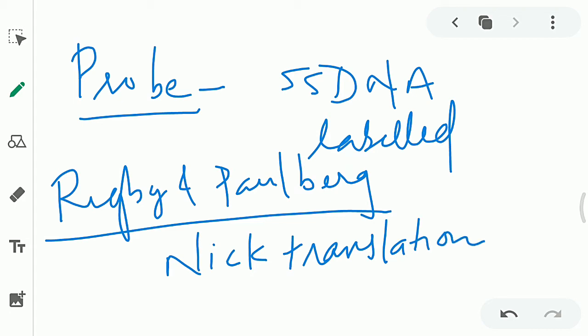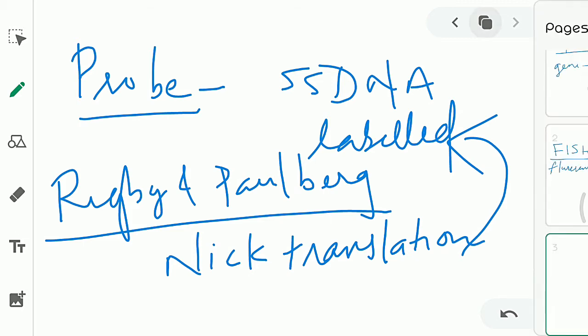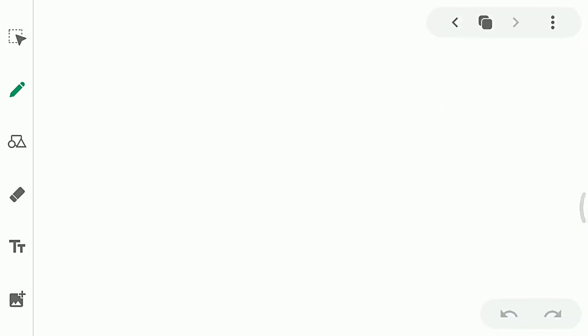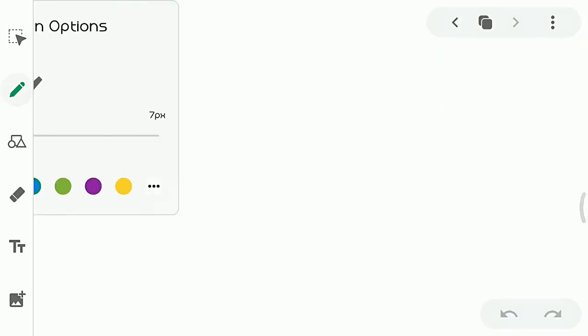By nick translation we actually label probes. This is a prerequisite of fluorescent in situ hybridization, because we need to have probes with us.